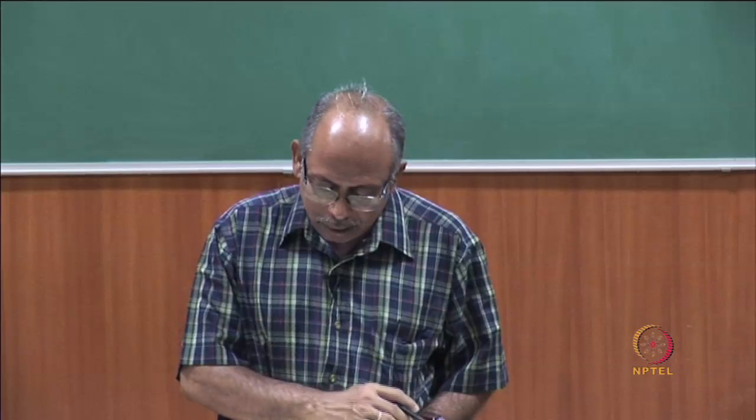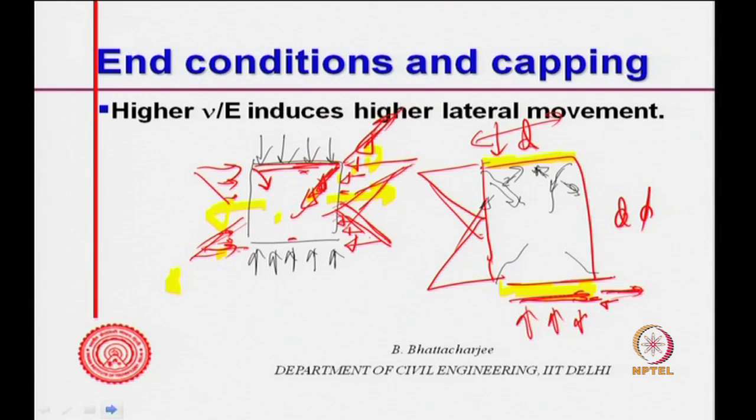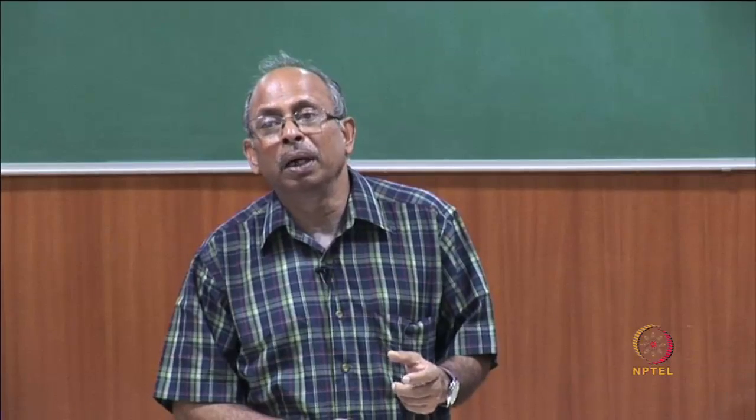So, in other words, let me put it here: higher nu, where nu is the Poisson's ratio, divided by E, the modulus of elasticity, the stiffness. The more the modulus of elasticity, the less the movement.